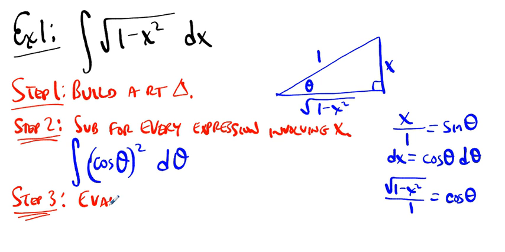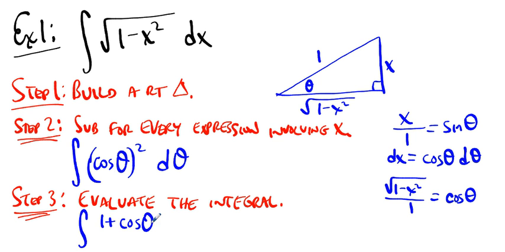Step 3 is to evaluate the integral. And I remember we talked about how to do this. This is a case 3 from our last lesson. And we learned that cosine squared theta is 1 plus cosine of 2 theta over 2. And so we know how to do this. This is theta plus sine theta.